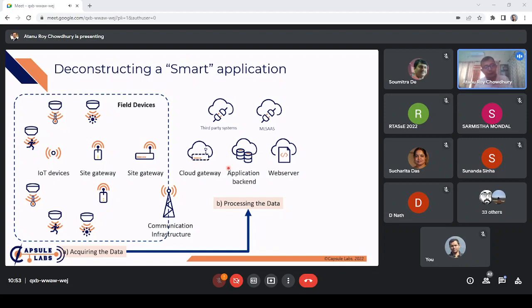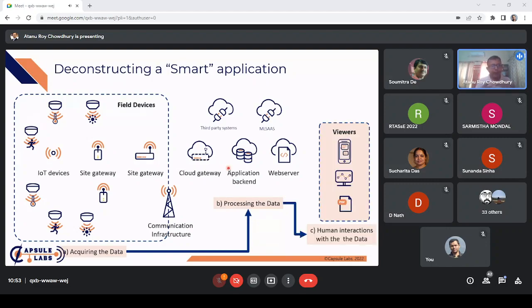The third aspect after you process the data is that the data must be useful in some form. It must be able to develop some insights. So just pumping the data out as it was does not really make a lot of sense.